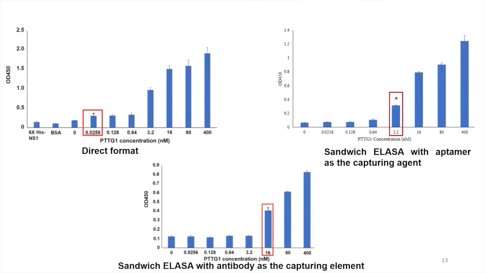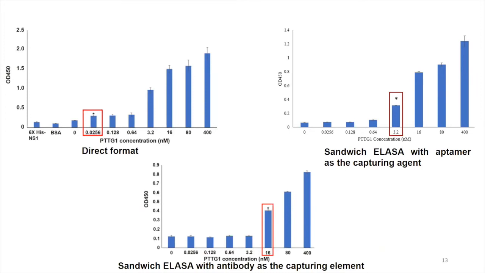We have carried out ELISA successfully, and we have achieved a limit of detection of 0.0256 with direct, while 3.2 and 16 nanomolar respectively for sandwich ELISA with aptamer as the capturing agent and sandwich ELISA with antibody as the capturing agent. There are differences in the detection limit here, and we suppose that this is due to the fact that PTTG1 is an intrinsically disordered protein.